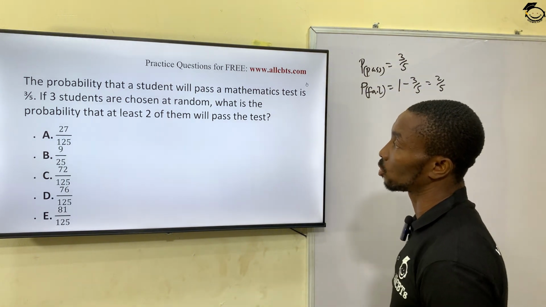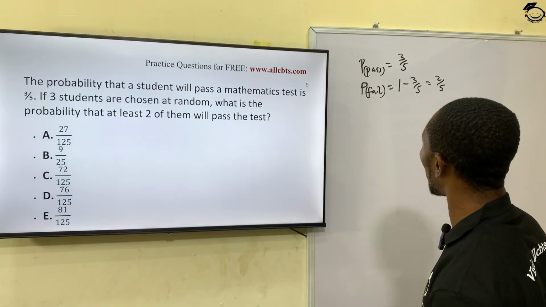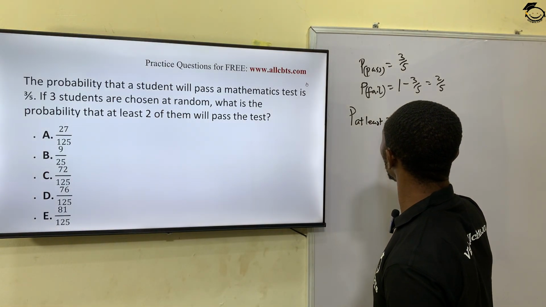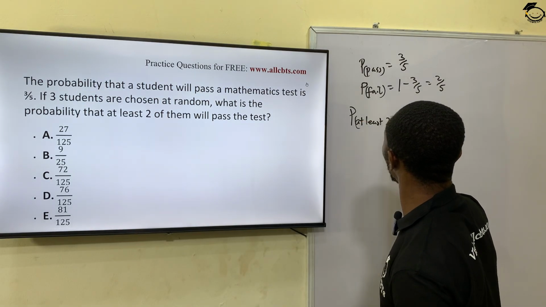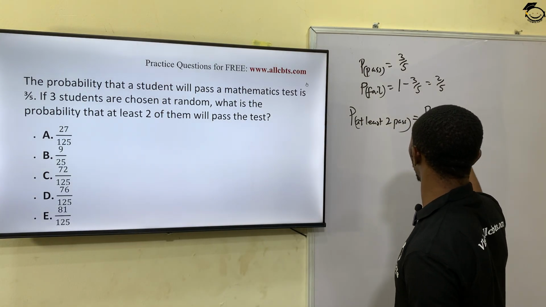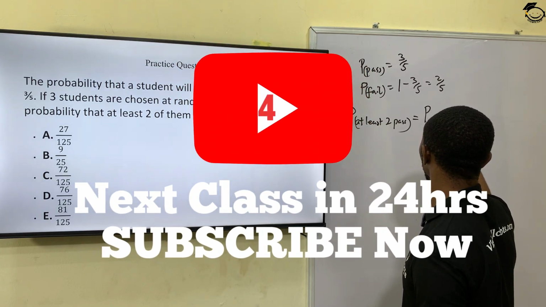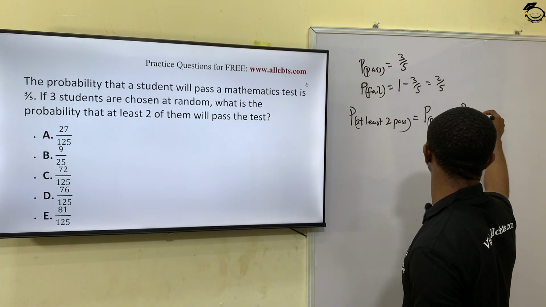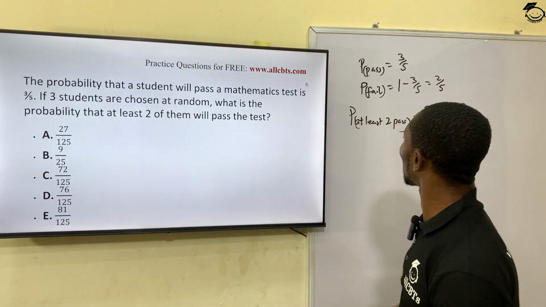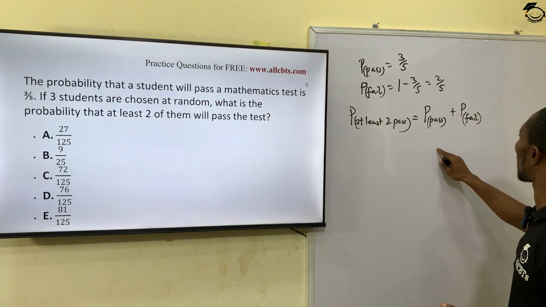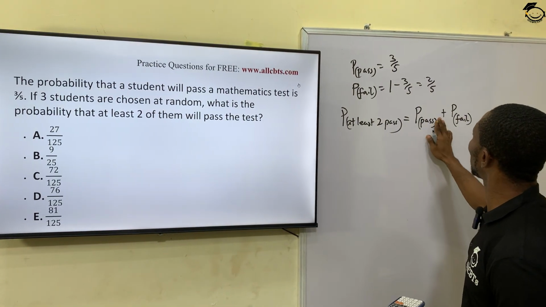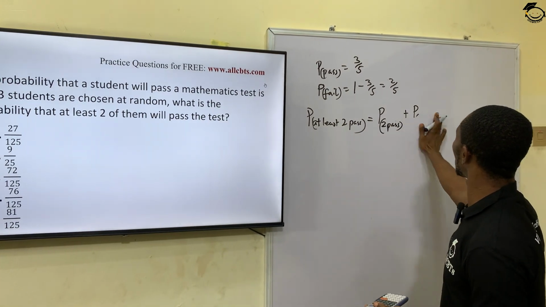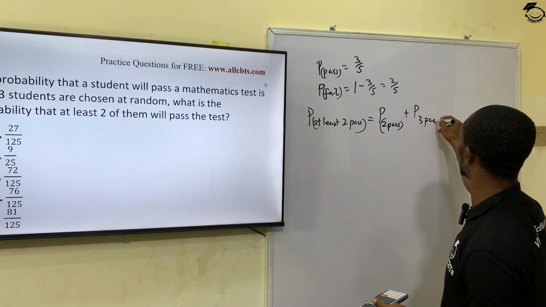Now, if 3 students are chosen at random, the probability that at least 2 pass out of the 3 will be the probability that exactly 2 pass, plus the probability that all 3 of them pass.